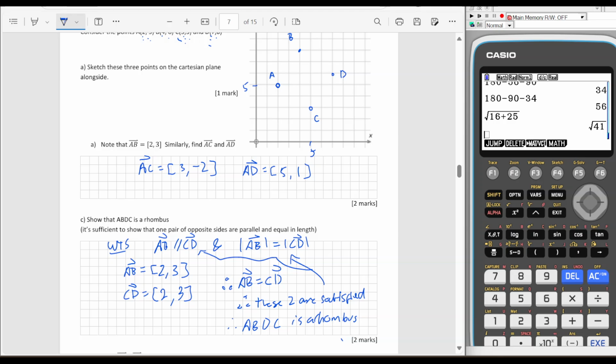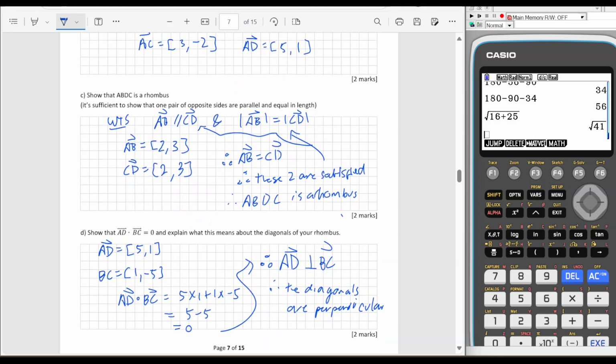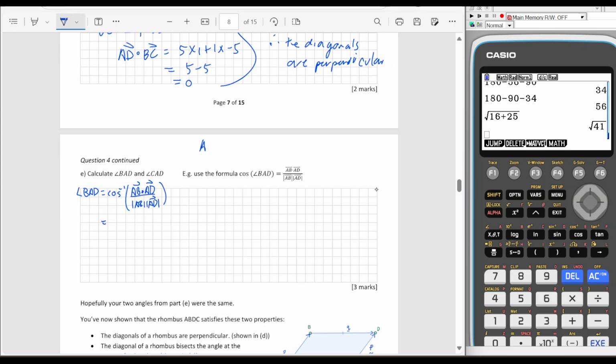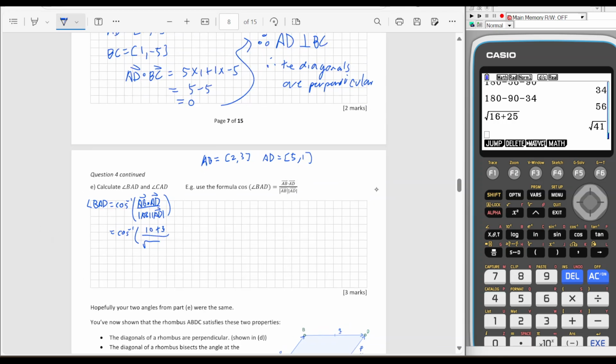AB was 2, 3. AD was 5, 1. All right, groovy. So that is cos inverse of 2 times 5 is 10, and 3 times 1 is 3. Mod of AB is root of 2 squared plus 3 squared. So that is 4 plus 9.